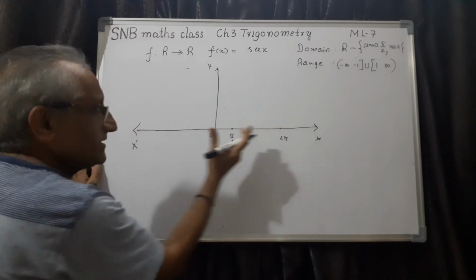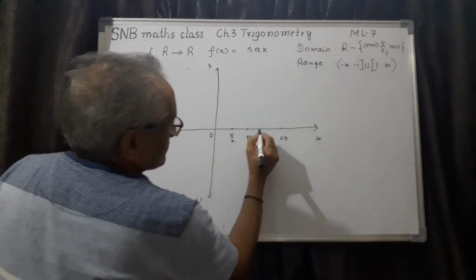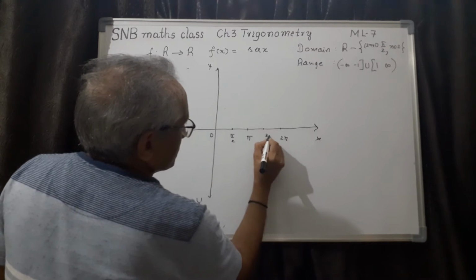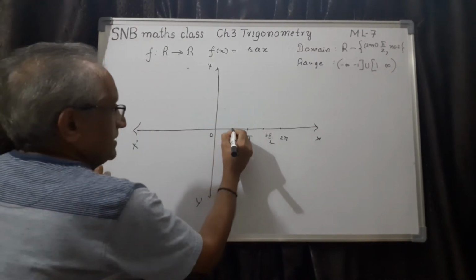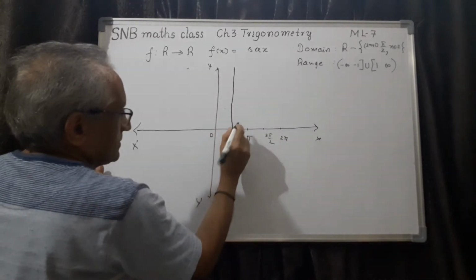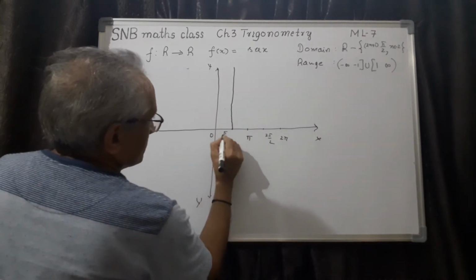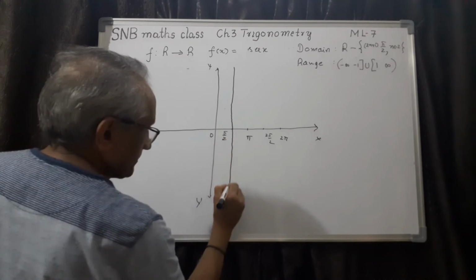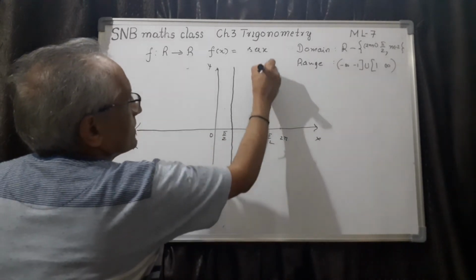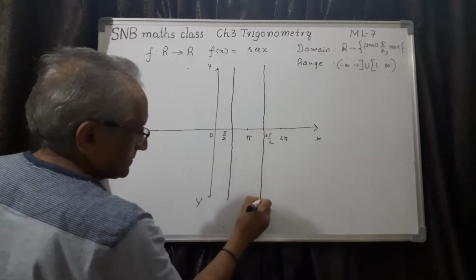I will show you this side, then the same thing we can do this side also. This is 3 pi by 2, this is pi by 2. At pi by 2 it is not defined, so let us draw the line here. Then at 3 pi by 2 it is not defined, therefore draw the curve like this.